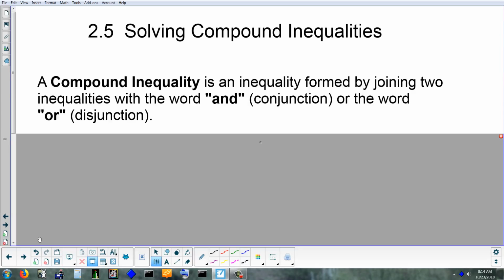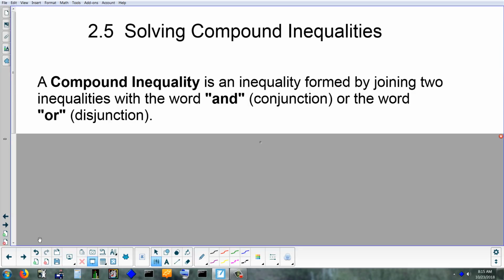So just an example of a conjunction in real life might be something like, let's say you get a discount if you're between the ages of, I don't know, 6 and 18. So to get the child discount, you have to be between ages 6 and 18.